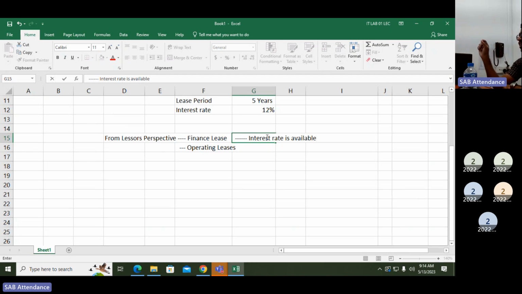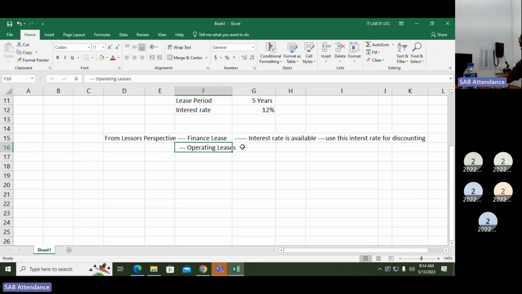So in the finance lease, the lease interest rate is available, so you can use that interest rate for discounting. You want to take the present value, so you need to discount the cash flows, the lease rentals. So you can use that given interest rate.